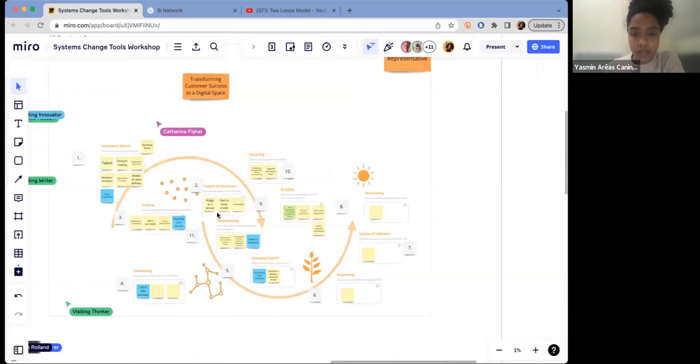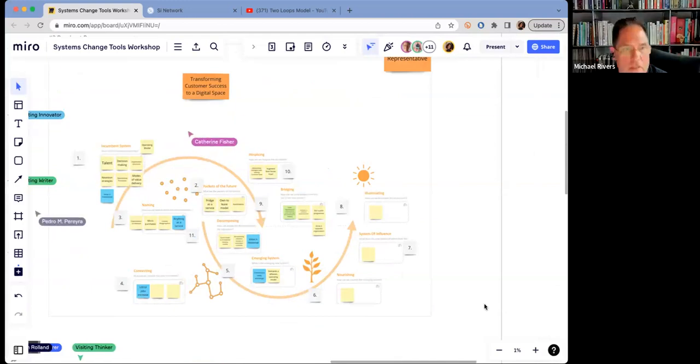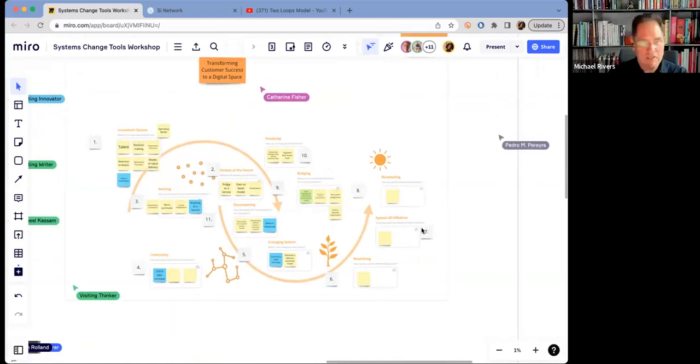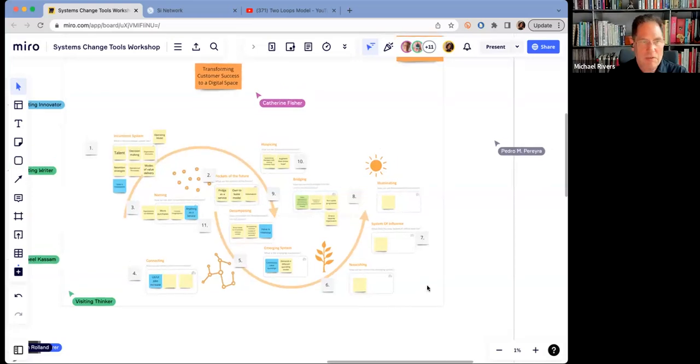generally, how did you find the canvas and the exercise? Quite interesting. We were very lucky that Raji came with a case, which was very interesting. It took us a moment to get to grips with it.